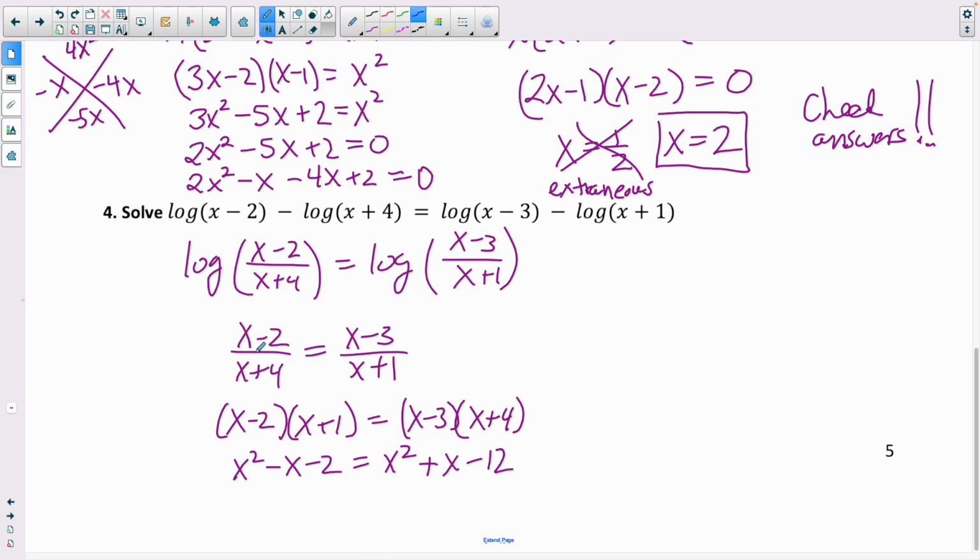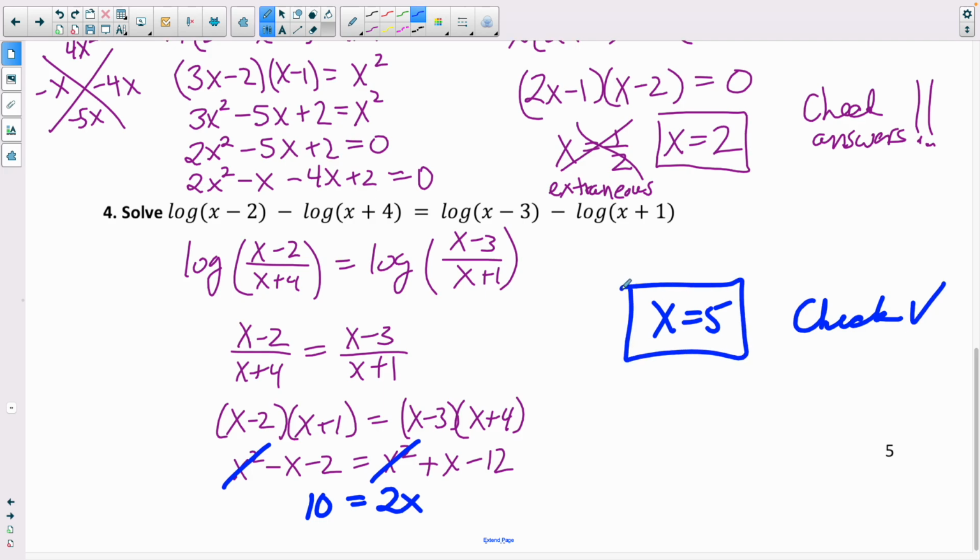Now notice it is a quadratic to start, but my x squareds will cancel. And if I bring negative 12 to this side, I'm going to get a 10 equals 2x. And so x equals 5. Now I need to check, does 5 make any of my arguments negative? This would be a 3. This would be 9, 2, 6. My check's complete. My solution is x equals 5.